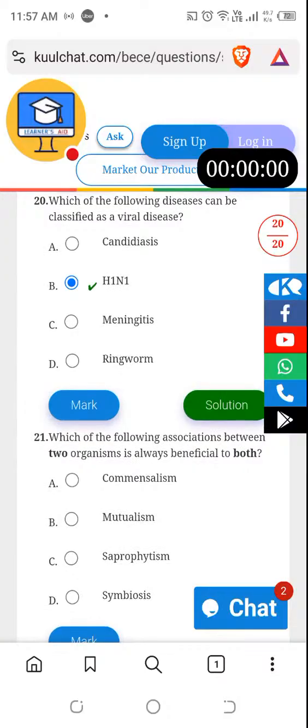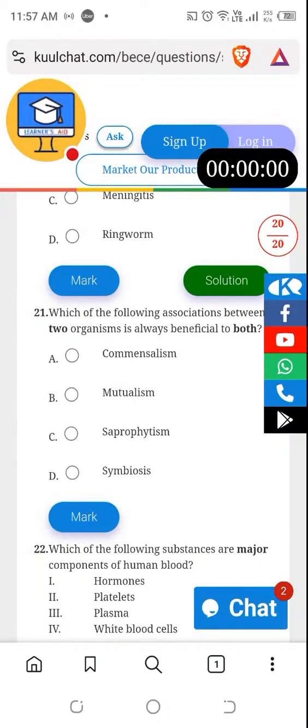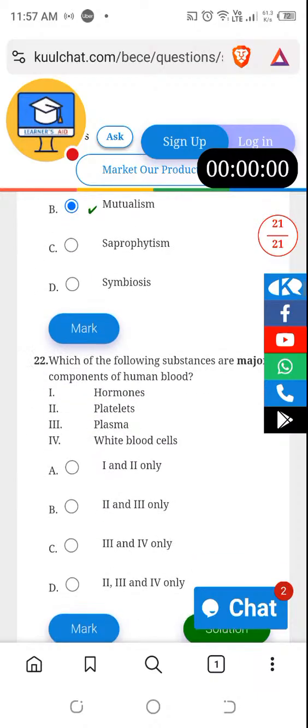Perfect score. Next question: which of the following associations between two organisms is always beneficial to both? That definitely is mutualism. It reminds me of this statement, mutual respect. So mutualism is the answer.